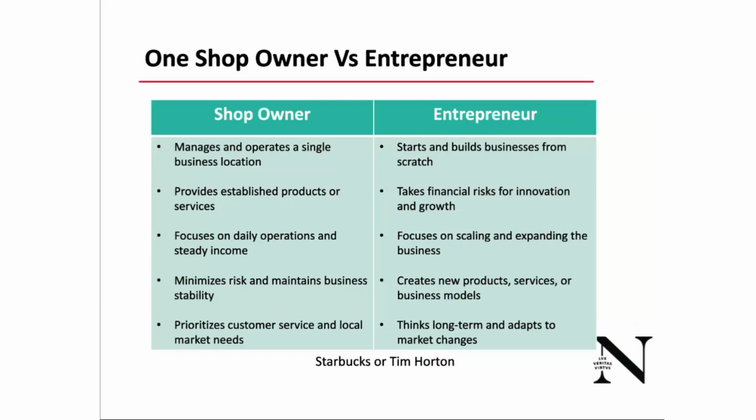They have a brand name. But think about when they started. They didn't start as a big brand like now. They might have started as a small shop, but then they expanded, as entrepreneurs expand.